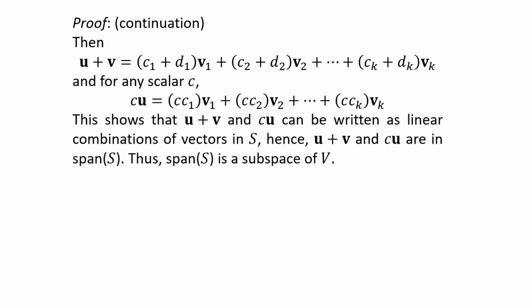So this shows that U plus V and C U can be written as linear combinations of vectors in S. Then we say that U plus V and C times U are in span of S. So this shows that span of S is closed under addition and scalar multiplication. So we conclude that span of S is a subspace of V.